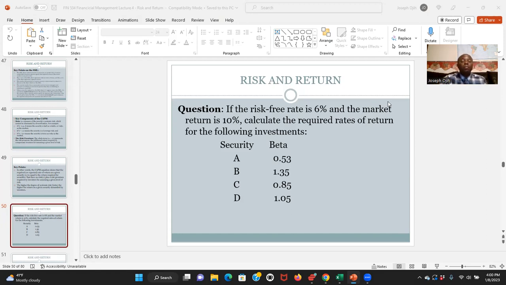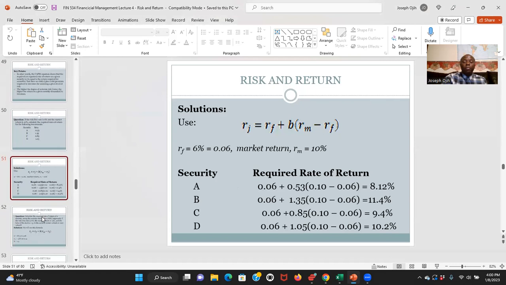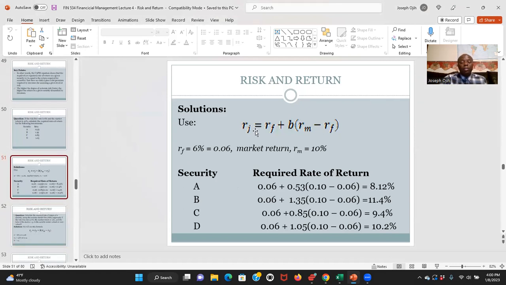Now to calculate this, you can see the formula right here: RJ equals RF plus beta times (RM minus RF). You plug in all these values plus the betas into the formula. For example, the risk-free rate is 6%.